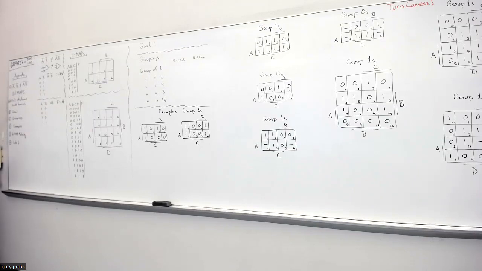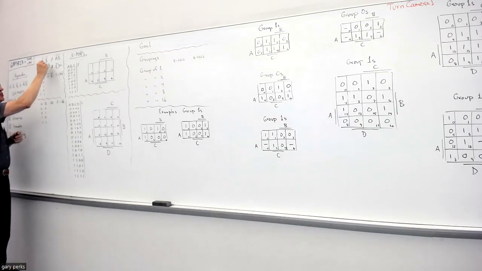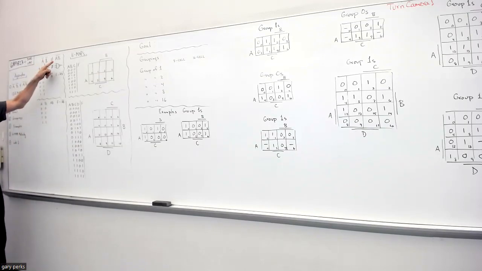Okay, so in symbols, this is what this expression is. Not A ANDed with not B is the same thing as taking two inverters, right? One inverter inverts A and the other inverter inverts B. And then after these two are inverted, they get ANDed together. So your output would be not A, not B. That's not the same as A AND B, the whole thing NOTed, because that's equal to a NAND.